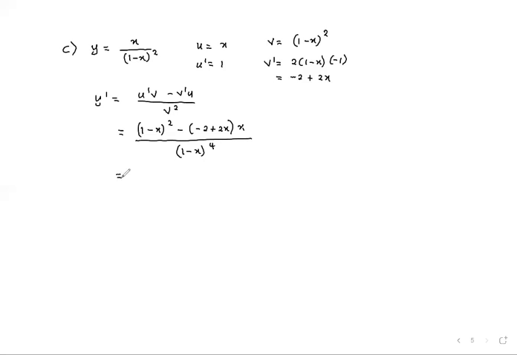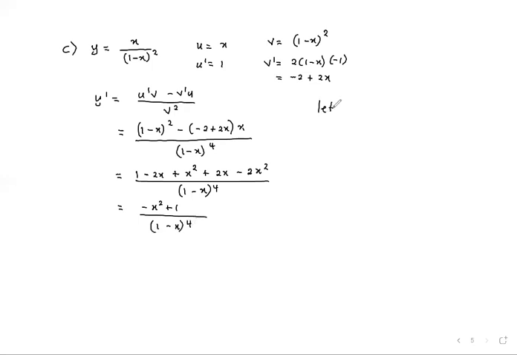We can simplify the numerator, that is 1 minus 2x plus x squared plus 2x minus 2x squared over, we'll leave this guy as it is, so that we get negative x squared plus 1 over 1 minus x to the power 4.